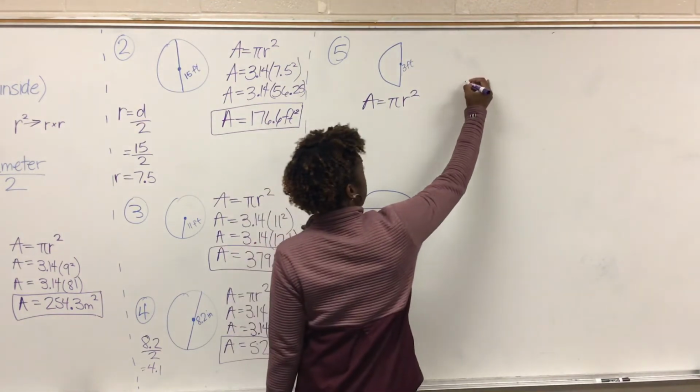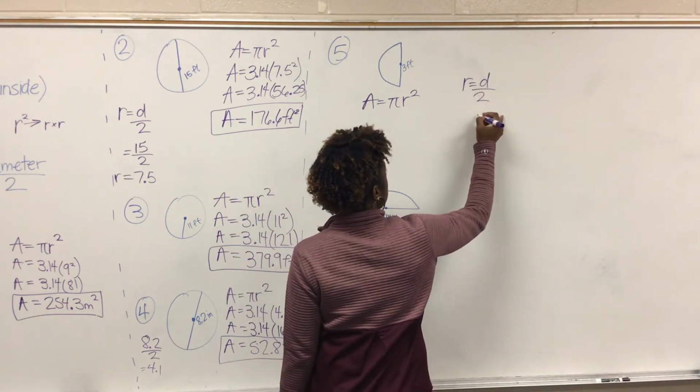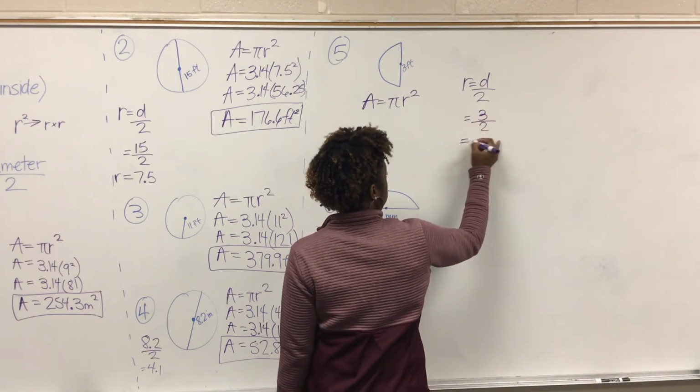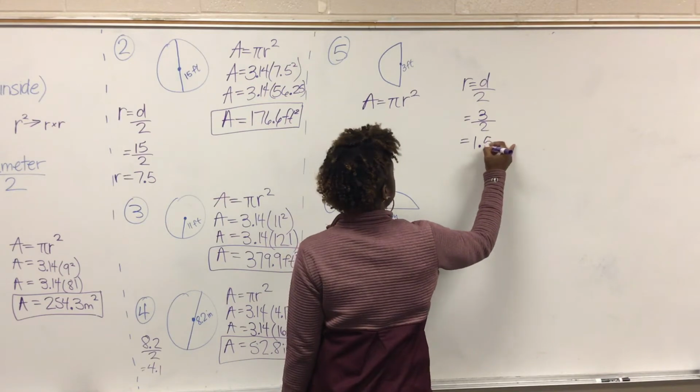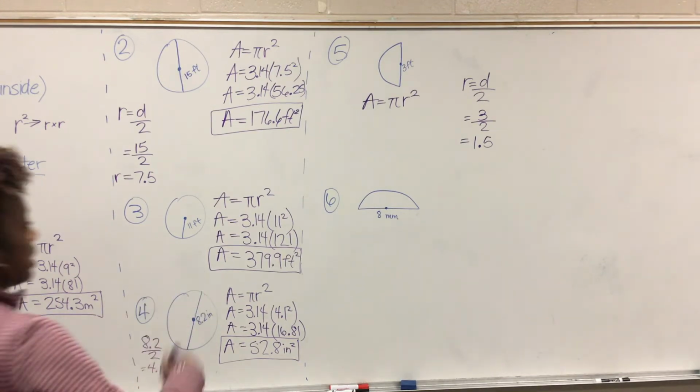So I know that the radius is the diameter divided by 2. So I need to do 3 divided by 2, which will give me 1.5. So my radius is 1.5. Now I'm ready to plug in everything.